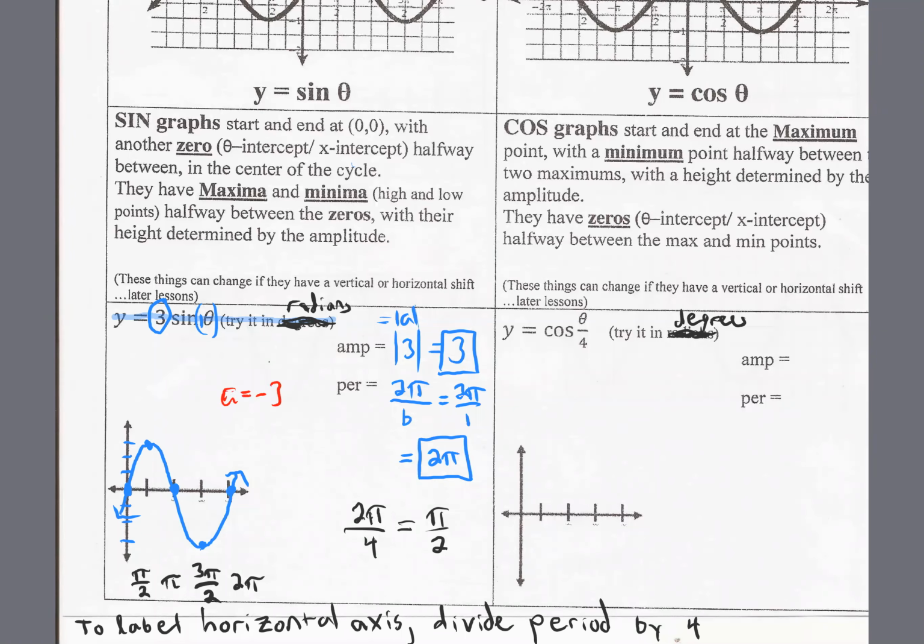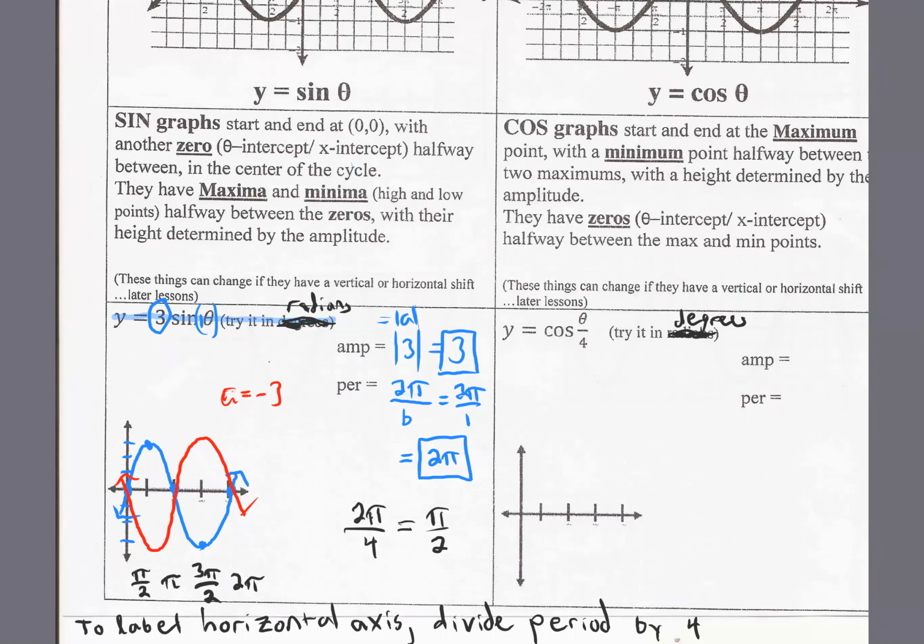So it would go 0, and every max would become a min, every min would become a max, and the zeros stay the same. Okay, thank you. Good question, and don't write that, it'll mess up your notes.